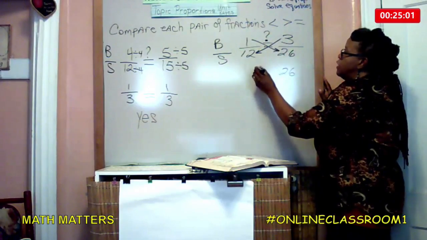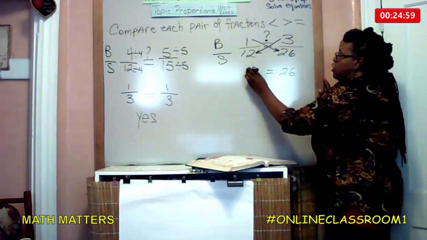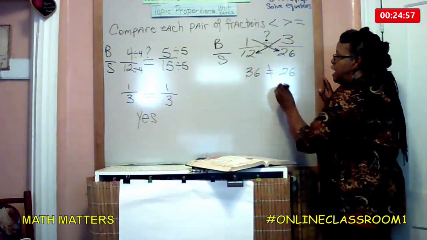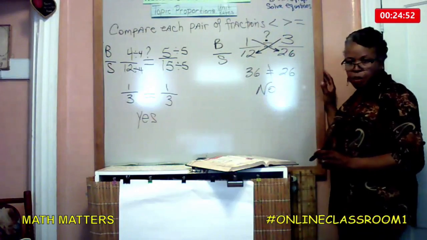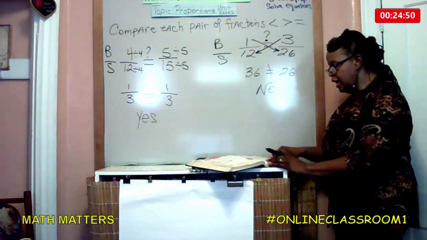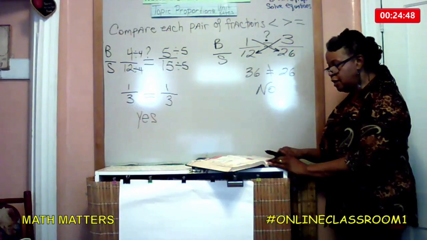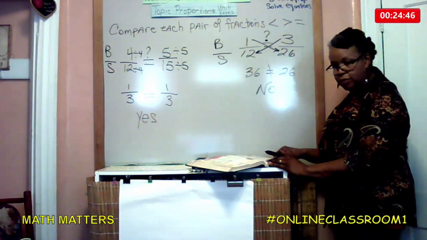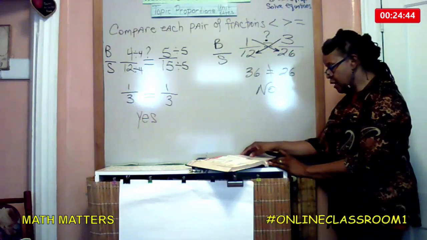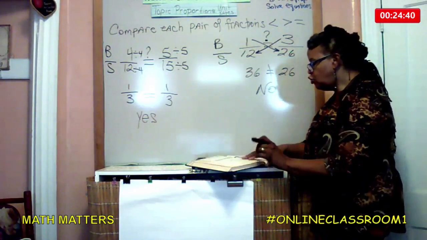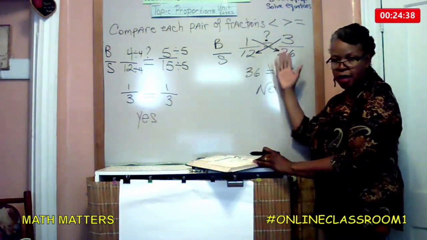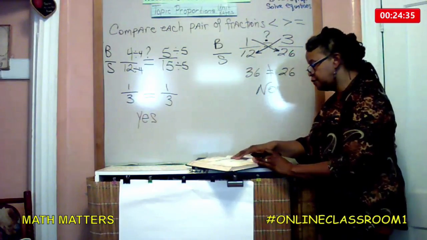Here I get 12 times 3 is equal to 36. And the answer is no. We don't have a proportion in this situation because they are not equal. Okay? So those ratios do not form a proportion.